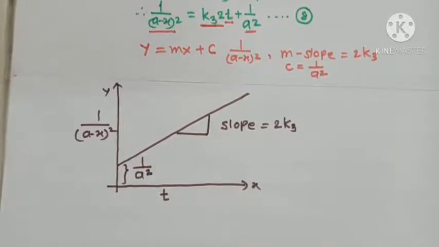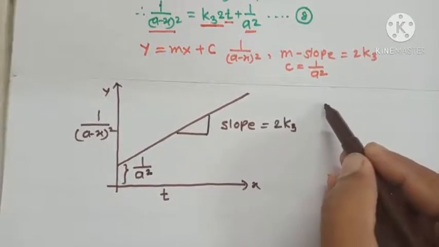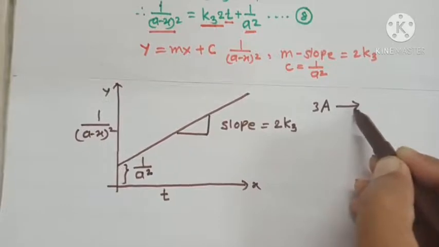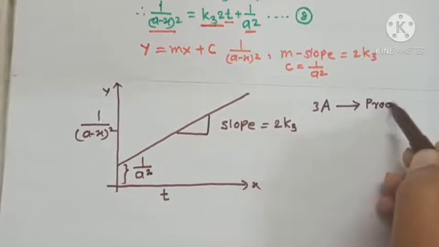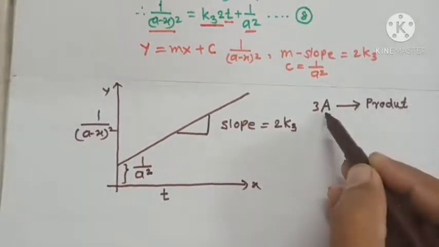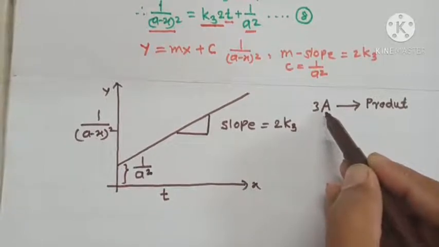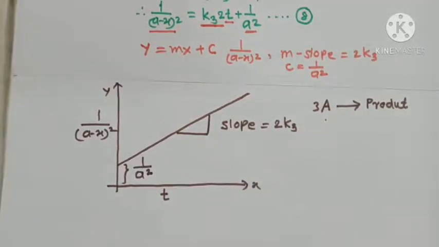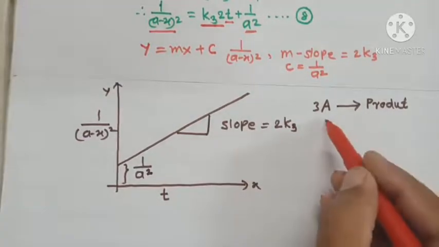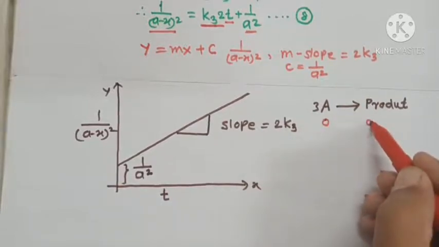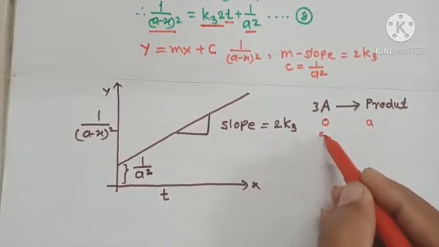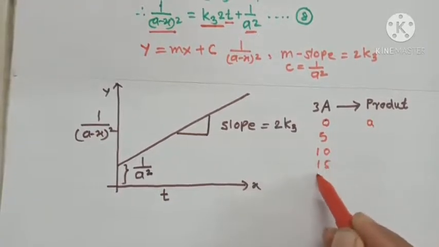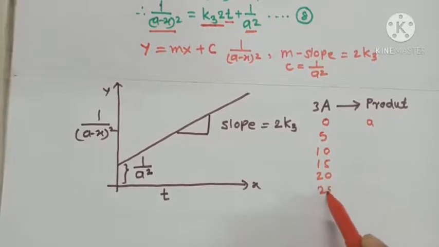So if you perform the graph, suppose you have performed the reaction where A thrice A changes to product, and we have determined the concentration of A in the progress of reaction. Suppose we have determined the concentration of A at 0 minute, 5 minute, 10 minute, 15 minute, 20 minute and 25 minute.